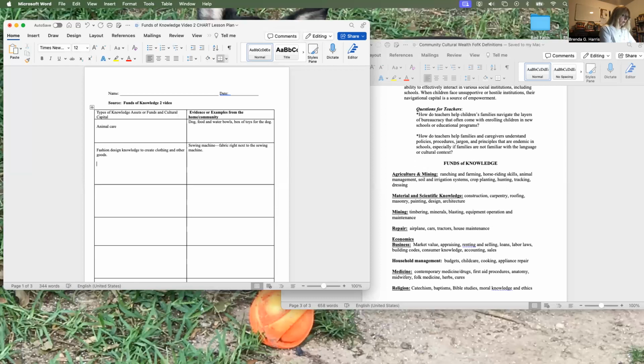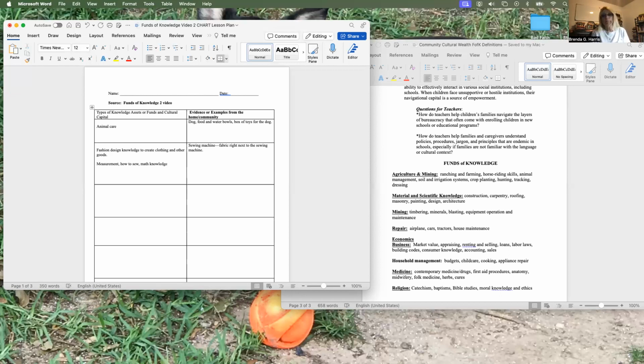So that was really about fashion design. There was a lot of measurement. You have to be able to measure a fabric to cut it into the sizes and shapes you need. How to sew, that's knowledge, right? So measurement and how to sew, that's a lot of math right there, math knowledge.